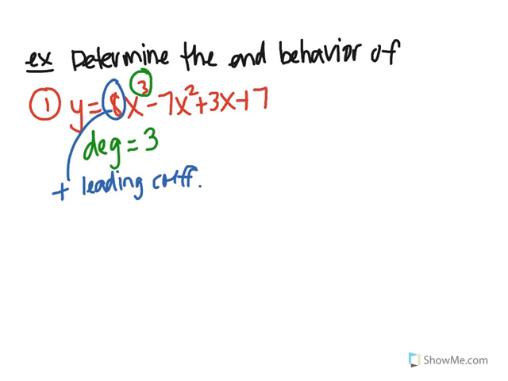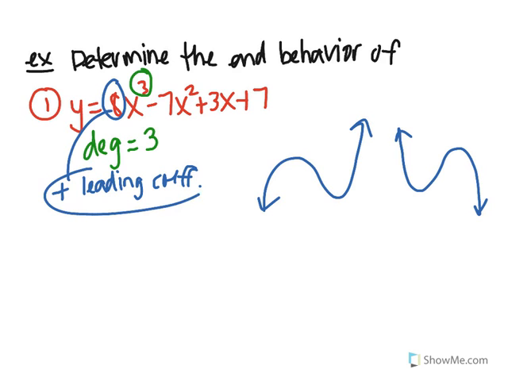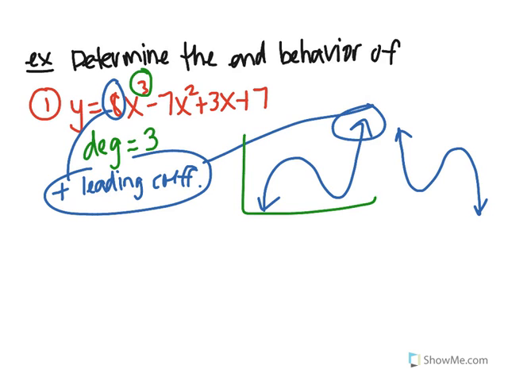Now, since it's degree 3, we have 2 options. It's either going to look like this, 1, 2, 3, or it's going to look like this, 1, 2, 3. You've got to figure out from the leading coefficient which graph it's going to be. Because this is positive, we know it's going to end up going positive on the right. So this is going to be our graph.